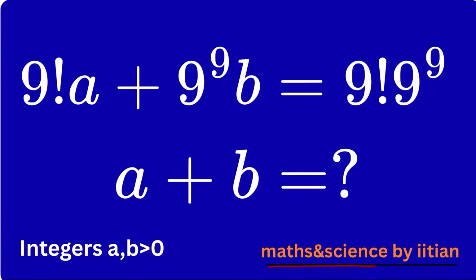In this lecture, I will be taking up a typical question where we have to find out a plus b when an equation involving both variables a and b is given in factorials and also in exponentials combined together, and provided a and b are integers greater than 0, meaning they are positive integers. Because of this restriction there are no infinite solutions.